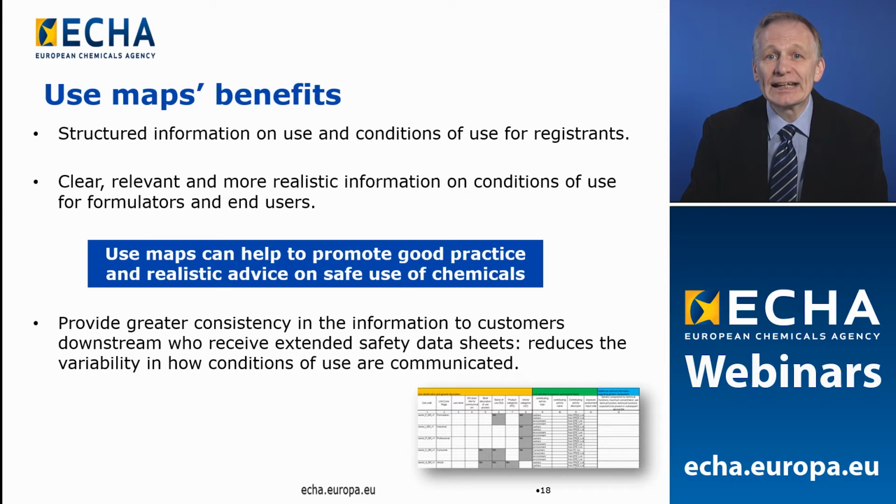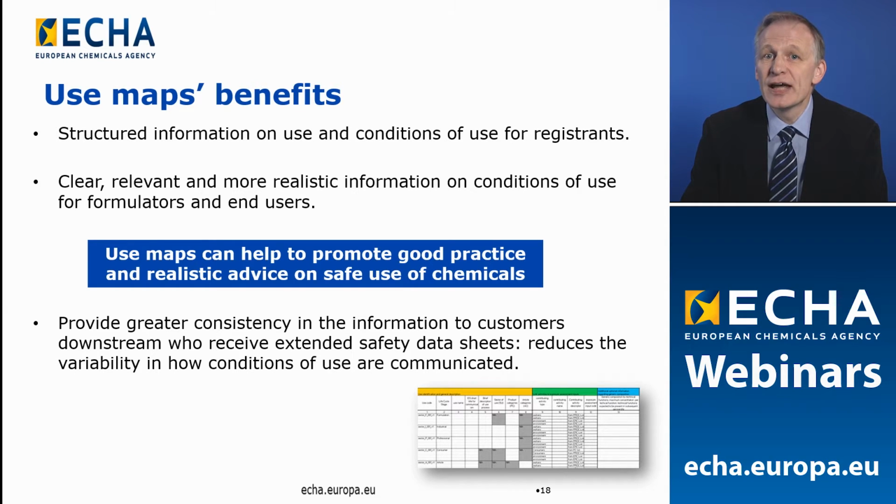They help to provide clear, relevant, and more realistic information on conditions of use for downstream formulators and end users, allowing greater consistency in the information provided to those customers by reducing the variability in how conditions of use are communicated to them, for example via extended safety data sheets.